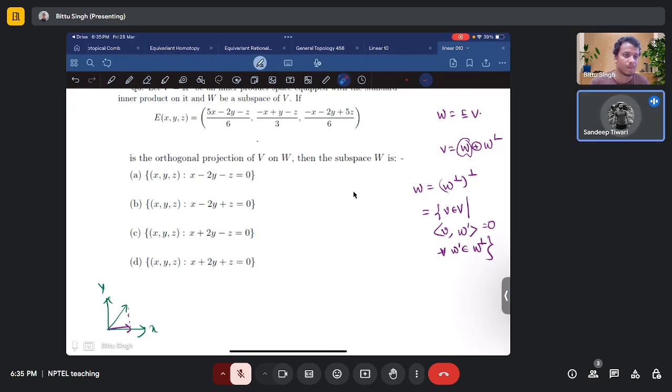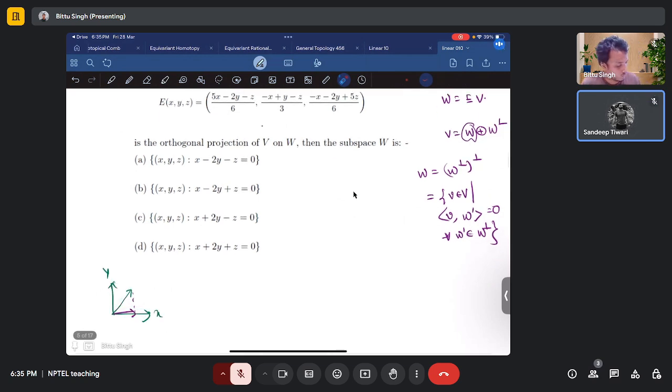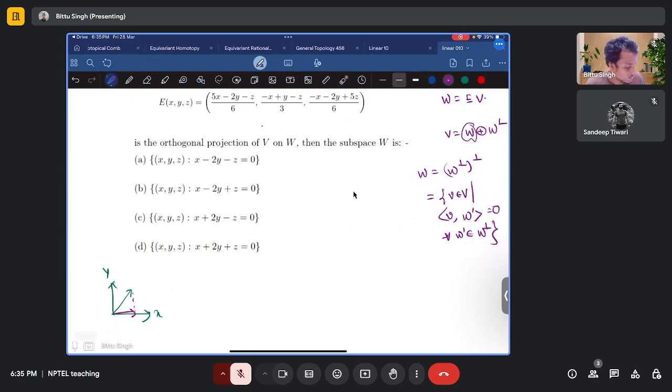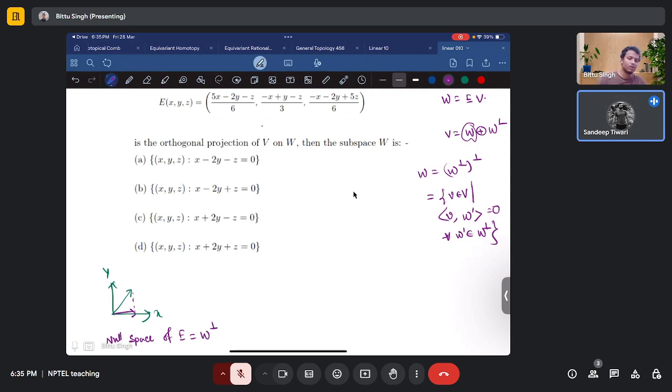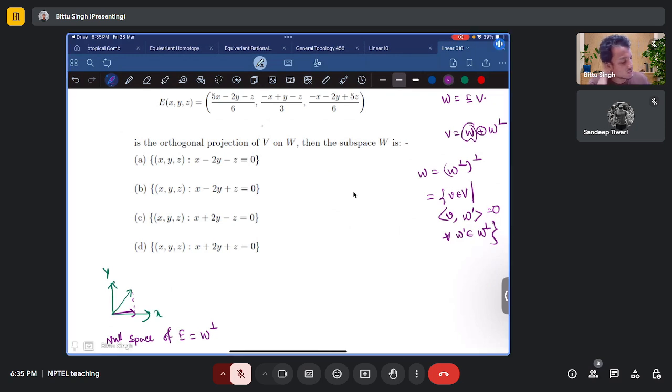Yes, sir. So the null space of E, that is the orthogonal complement of W, is what is projected out.